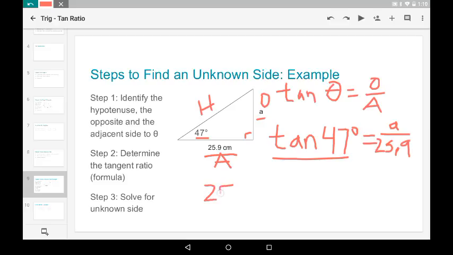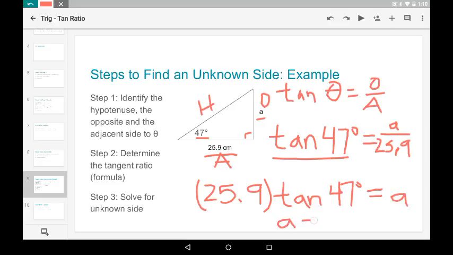So we end up with 25.9 times the tangent of 47 degrees is equal to side A. Once you plug that into your calculator, you should get that A is approximately equal to 27.8. And in this case it's centimeters.